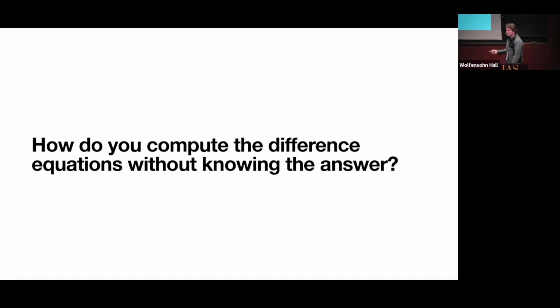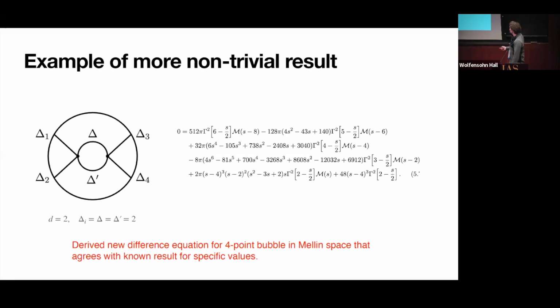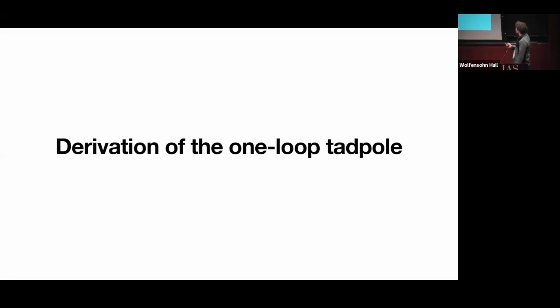So again, the big question: how do I compute the difference equations without knowing the answer? How do I get to this big expression over here, given that I don't actually know what this function is? I'm going to do the simplest possible thing. I am going to do a derivation of the one-loop tadpole from start to finish. This is going to illustrate the general methodology.